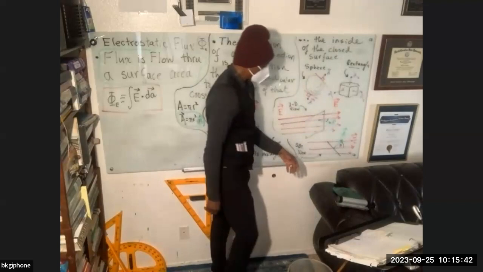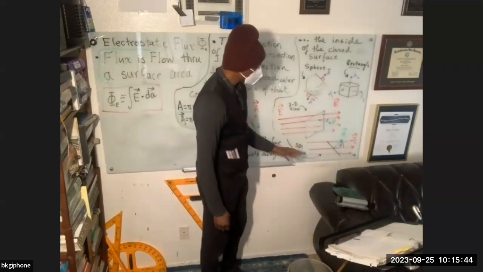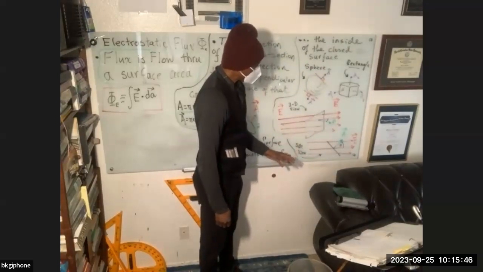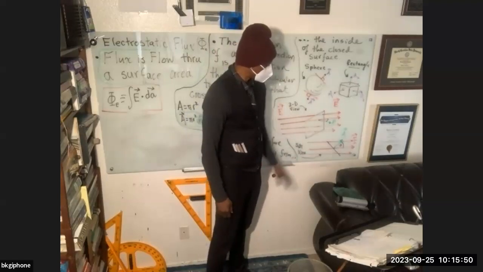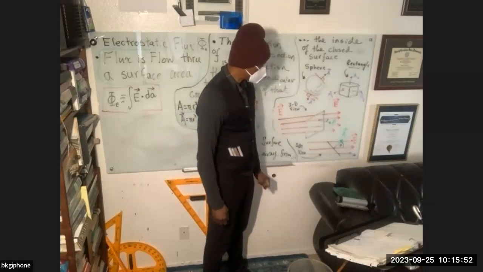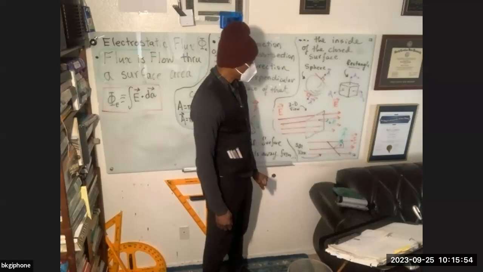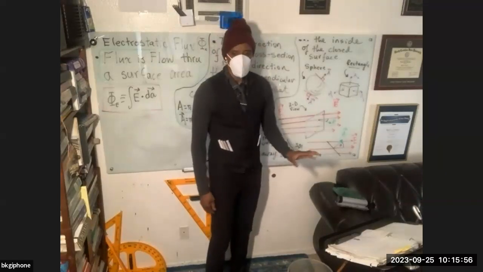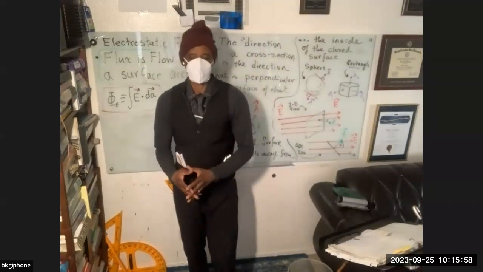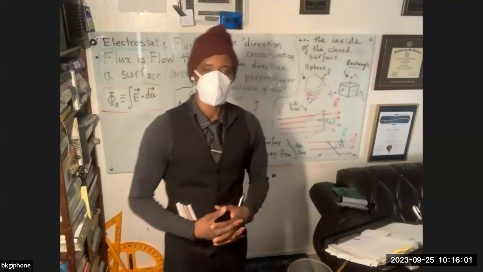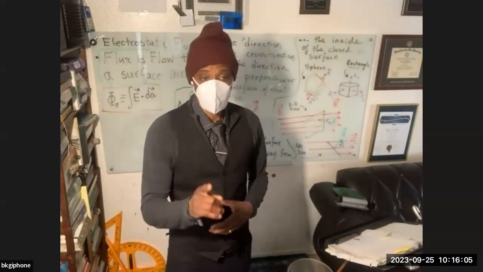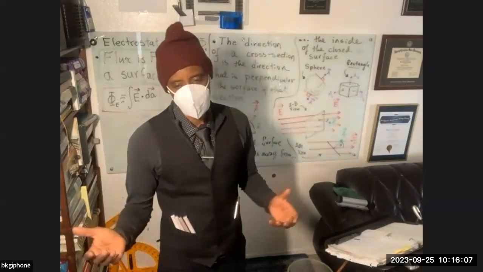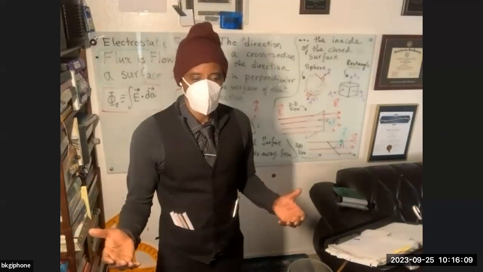So in this particular case, a couple things. Maybe this is a point where I should review the geometrical implications of a dot product. Last semester, we know what a dot product is.